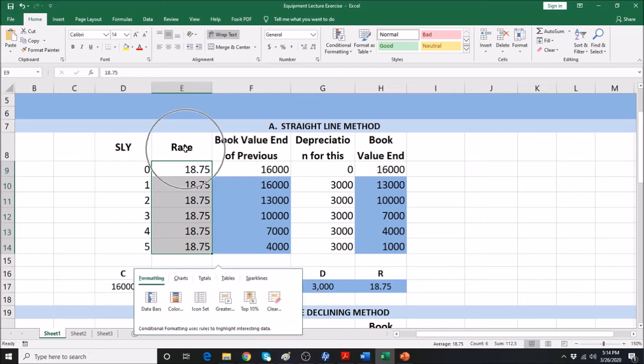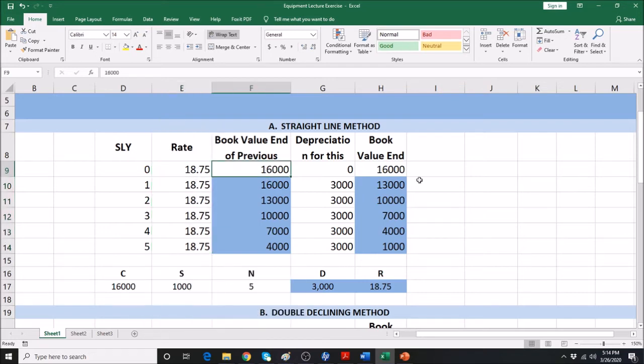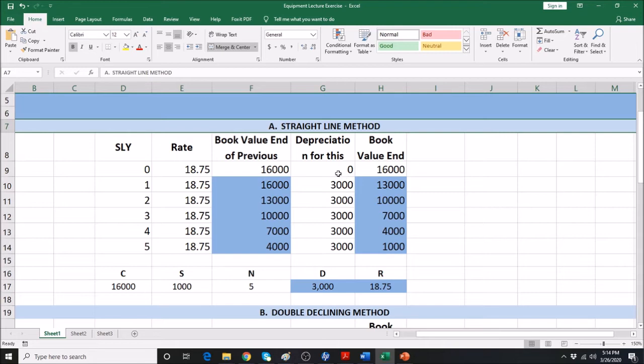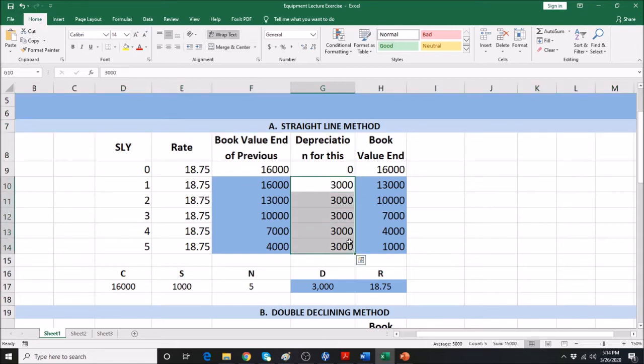So that's a value that you are going to calculate and put in this particular column, the rate. All right, so how do we calculate the remaining values at each end? Because it is a straight line, the depreciation is uniform at every given end of year. To calculate the book value, we need to first calculate the book value at the end of the previous year.